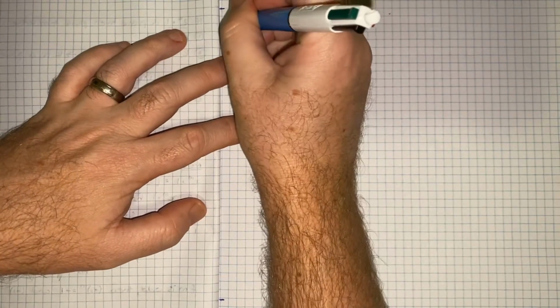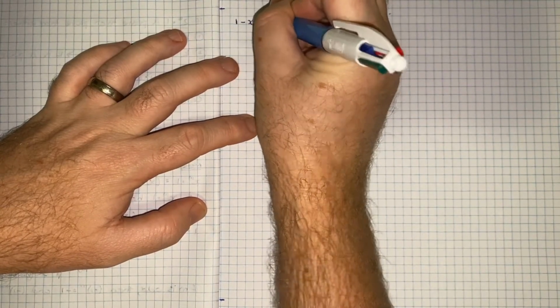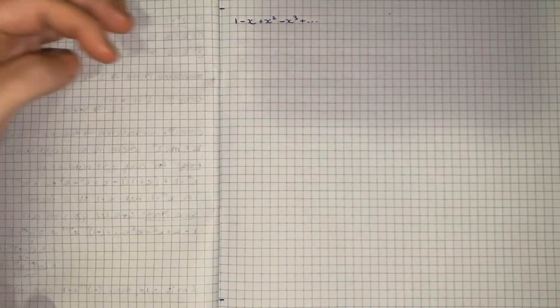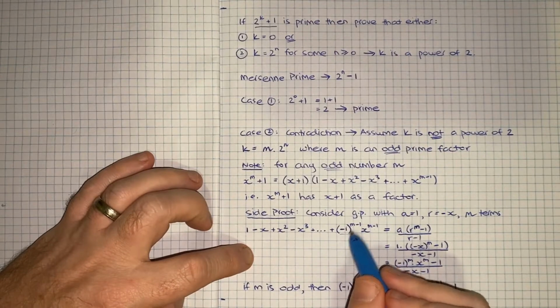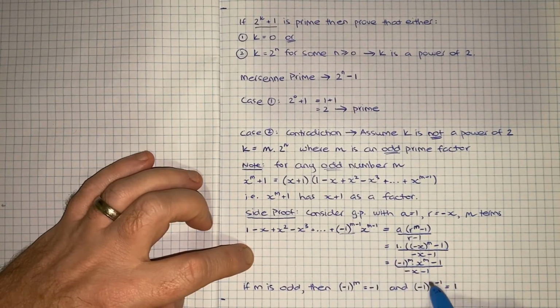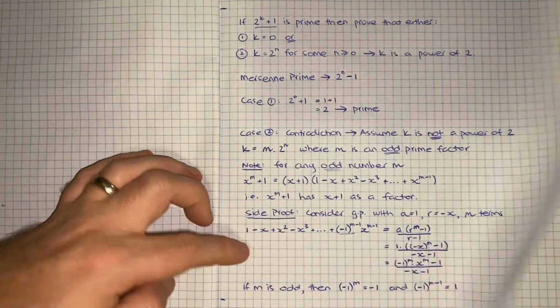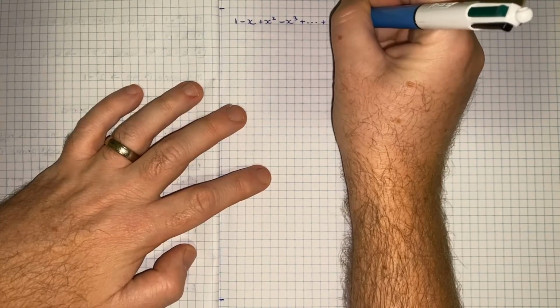So we've got 1 minus x plus x squared minus x cubed, and so on. And now, instead of writing negative 1 to the m minus 1, I can just replace that with 1. So here it'll just become plus x to the m minus 1.